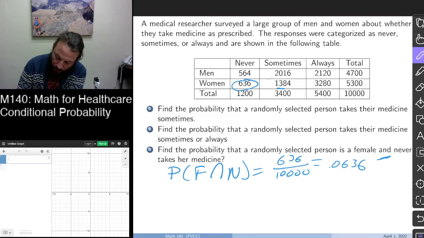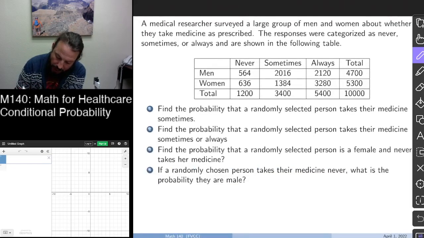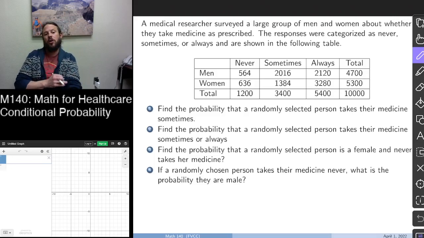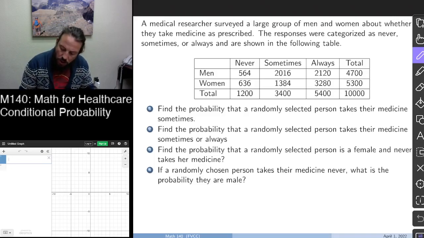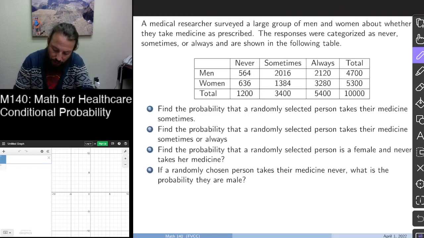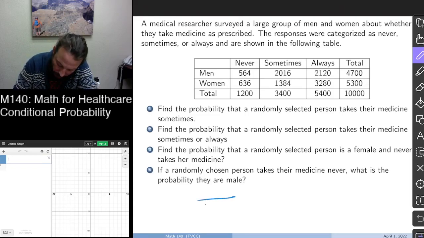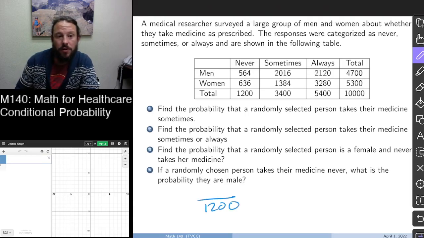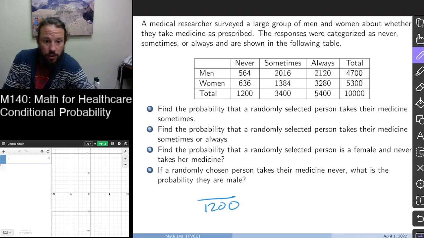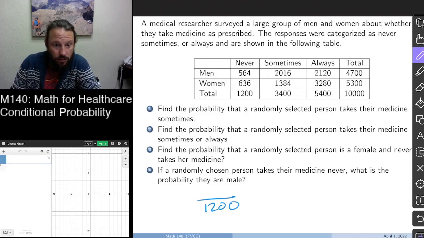The next question: if a randomly chosen person takes their medicine never, what is the probability they are male? Try and think about that reading this chart. What it's saying is we know the person takes their medicine never. That means we're talking about a total of 1,200 people. We know it's one of those people that took it never, and then we want the probability that they're male.